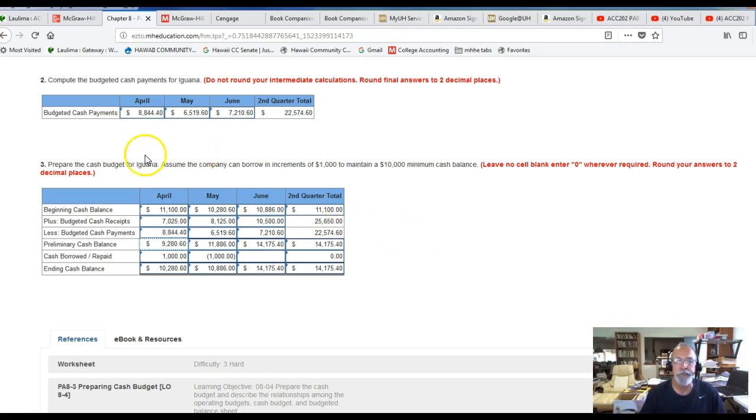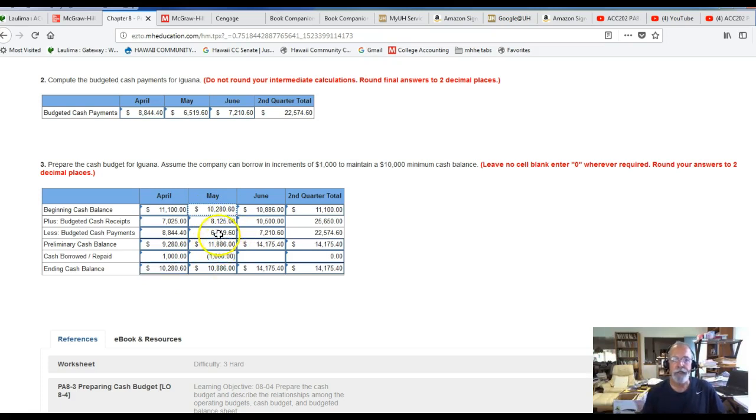And then it says, assume the company can borrow increments of $1,000 to maintain a minimum cash balance of $10,000. So in this case for April, since our preliminary cash balance is under $10,000, we need to show cash borrowed of $1,000 since we're working with minimum increments of $1,000. And so our ending cash balance at the end of April would be 10,280.60, which carries forward to May.